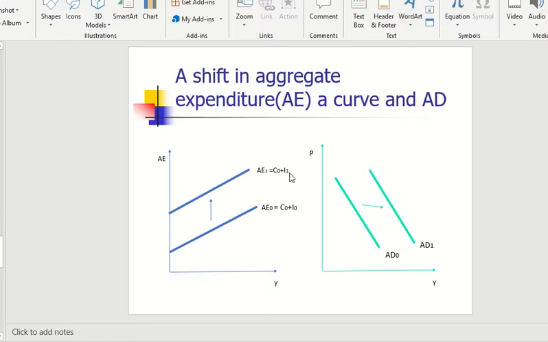So we have a larger investment. Accordingly, because investment is a component of aggregate demand, we're going to see an increase in aggregate demand. Okay, so that's a rightward shift of the aggregate demand curve.